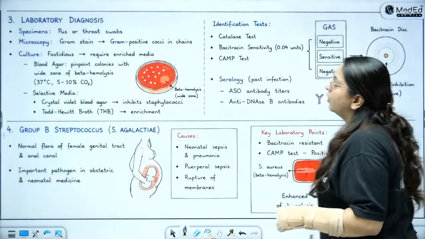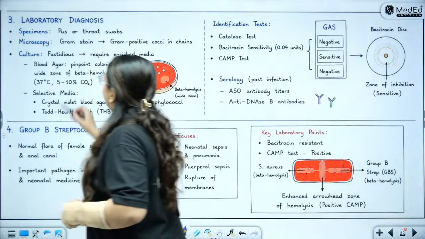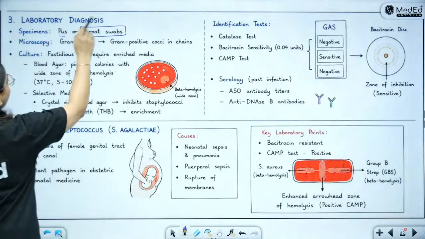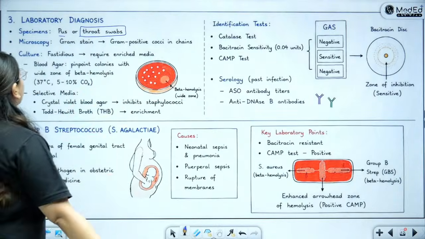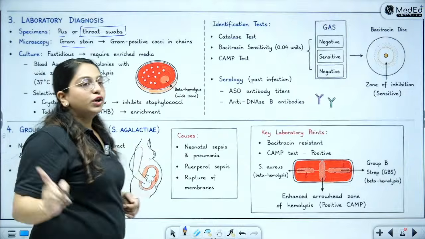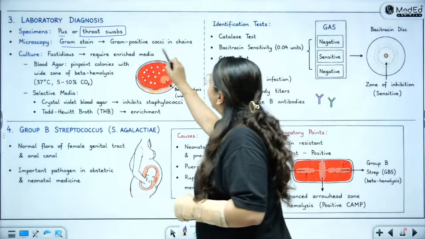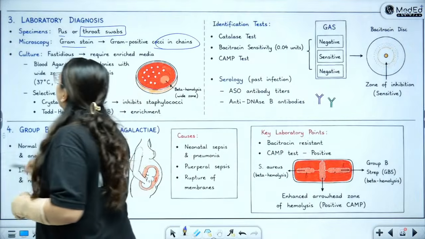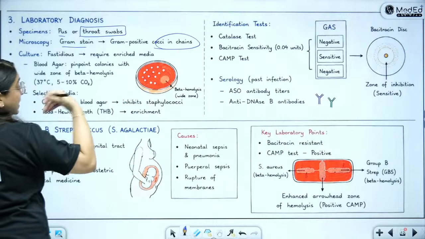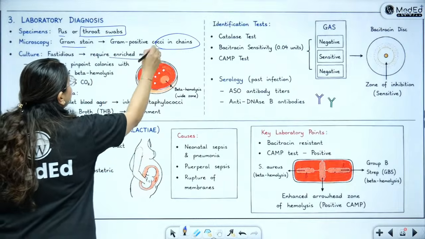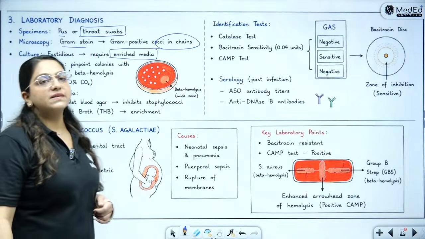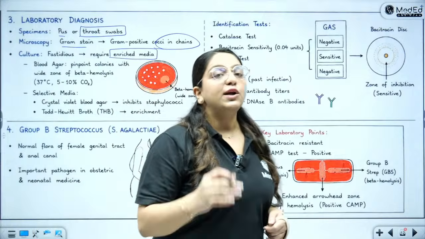For lab diagnosis, we will collect pus or a throat swab. If it is causing sore throat, we will collect the throat swab. Of course, the first thing you do in all bacteria is gram staining, so you will see gram positive cocci in chains. Then culture requirements: it requires enriched media and will not grow on basal media. It's a fastidious organism and wants 5% CO2.